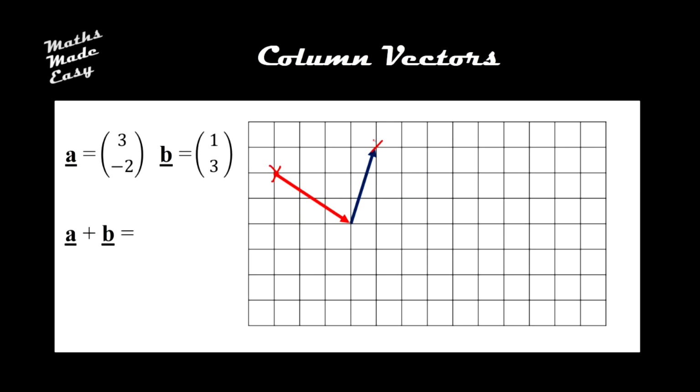So the combined result of both of these vectors added together is going from here to here, all in one go, which is 4 to the right and 1 up. So this final vector would be 4 and then 1. And you can get that by adding 3 and 1, which gives you the 4, and -2 add 3 gives you the 1. So to add vectors together, you simply add the top numbers and then add the bottom numbers.